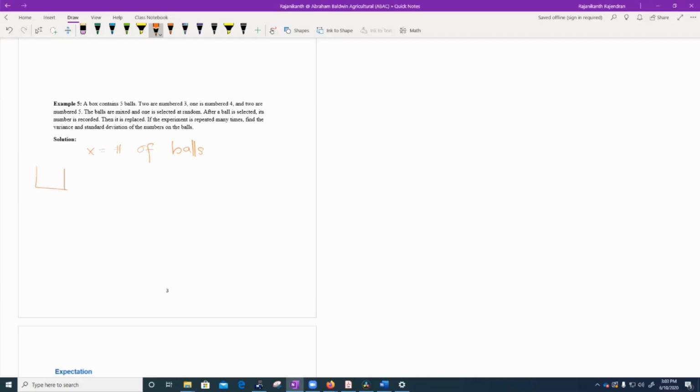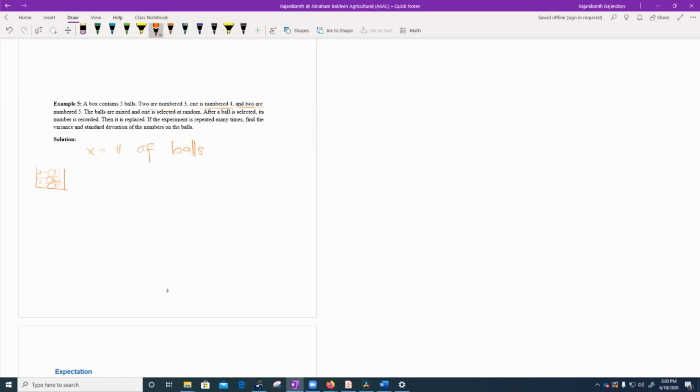Remember, that box has 3 varieties. 2 of them are numbered 3, 1 ball is numbered 4, and 2 balls are numbered 5. So 3 different varieties, right? So you are shuffling, and one is selected. So find the variance and the standard deviation.